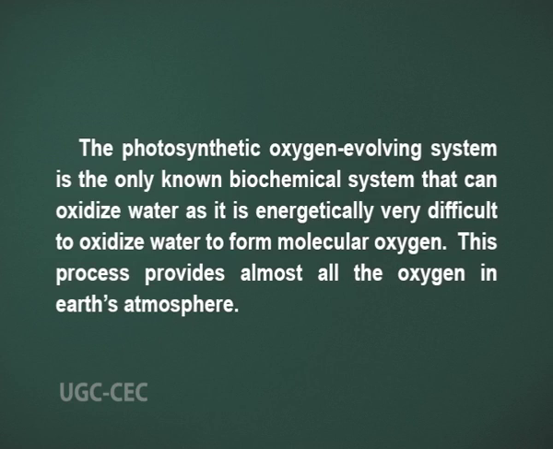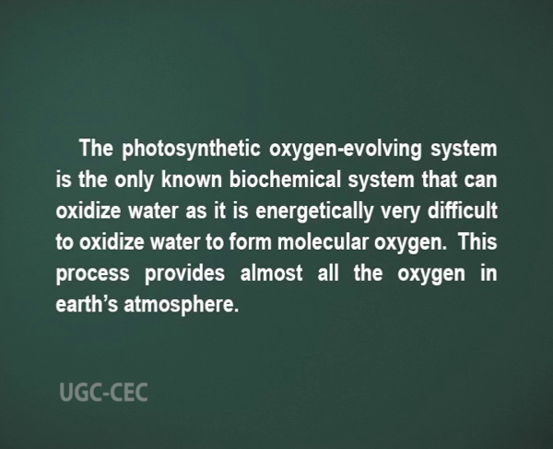Photosystem 2 and 1 carry out non-cyclic electron transport, oxidize water to molecular oxygen and reduce NADP+ to NADPH. The photosynthetic oxygen evolving system is the only known biochemical system that can oxidize water, as it is energetically very difficult to oxidize water to form molecular oxygen.